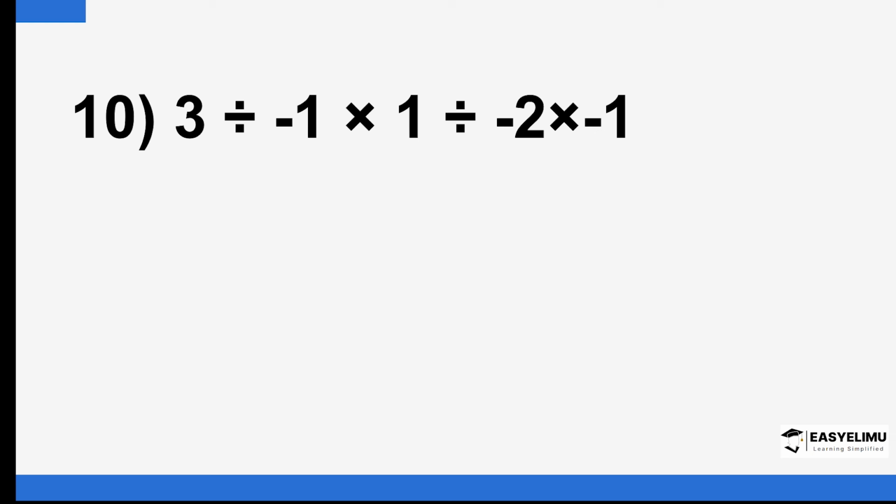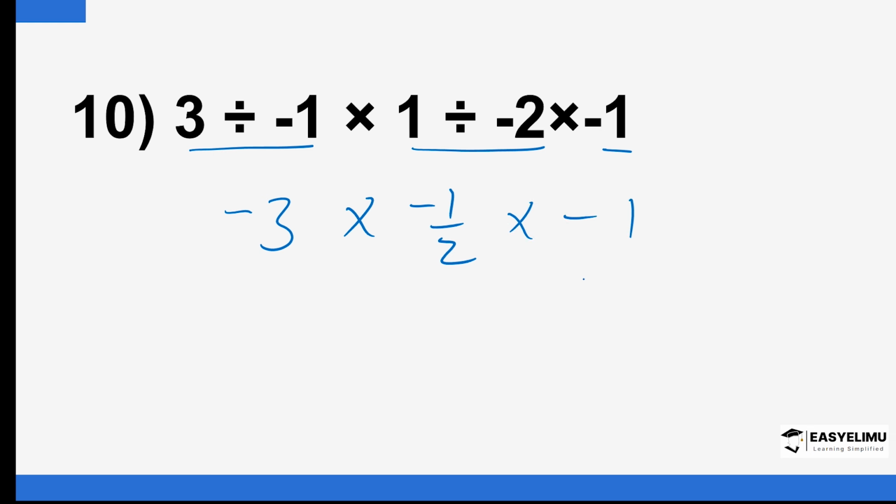And finally, we have again this pair here. We have this pair and the other one is alone. So 3 divided by -1 is -3. 1 divided by -2 is -1 over 2. You can write it as 1 over -2, but remember, you try to make the negative sign to be in the numerator, of course, times -1.